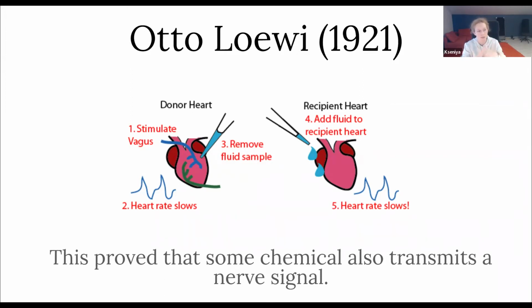So after these experiments, by 1921, the neuroscientists already knew that there are distinct neural cells. They transmit electricity, and there are also some chemical substances which can transmit neural signals.